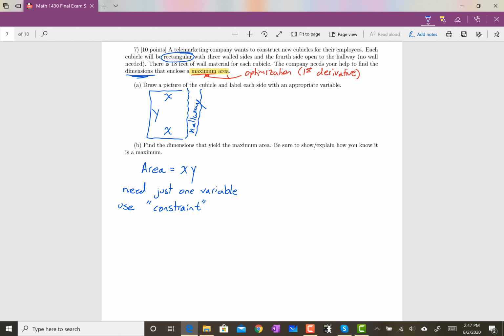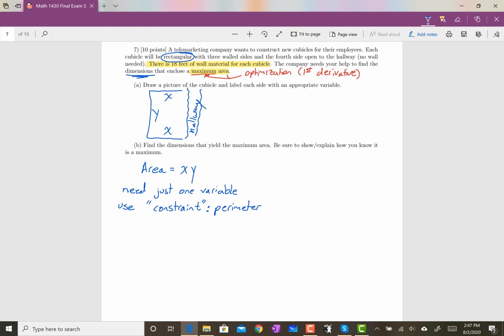What piece of information do we know that we haven't used yet? If we read the 3rd sentence, there is 18 feet of wall material for each cubicle. That is a perimeter value.